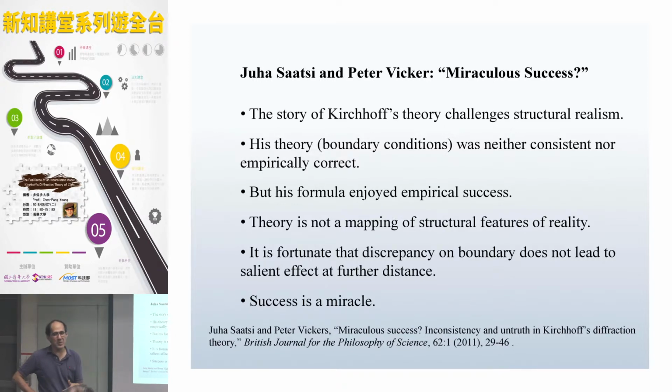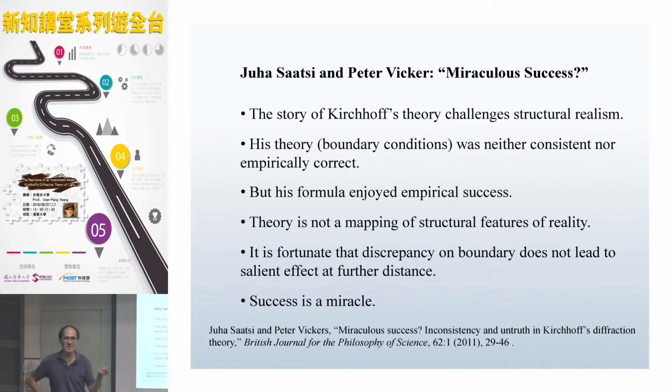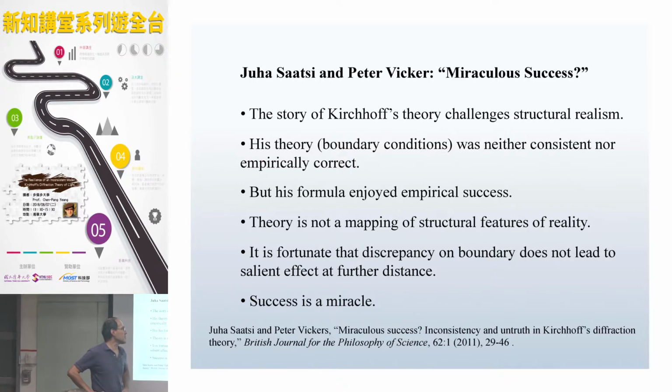So if you say that Kirchhoff's theory can be believed to capture some structural features of reality, you run into a problem because that theory was not even consistent itself. It has a problematic structure. However, his formula enjoyed empirical success. So what can we say? Vickers and Saatsi said, maybe that means theory is not a mapping of structural features of reality, right?